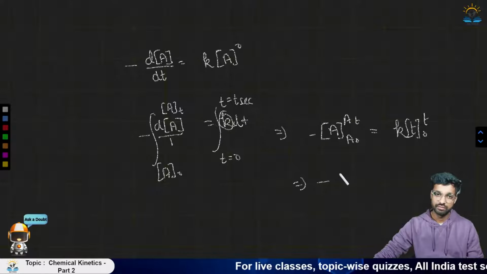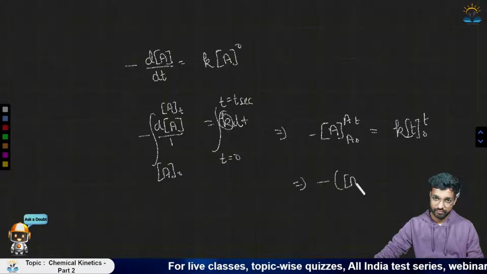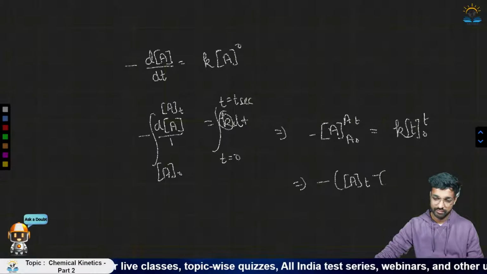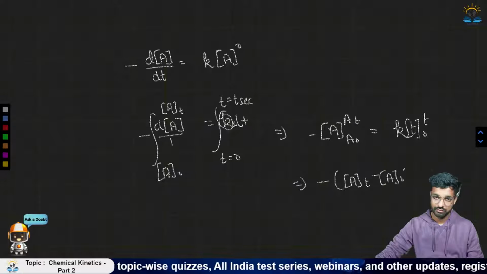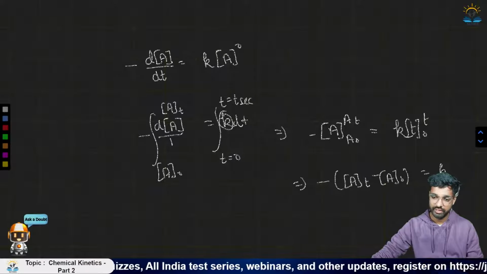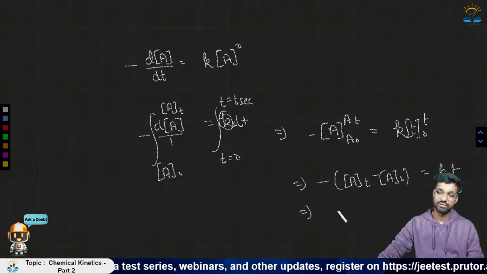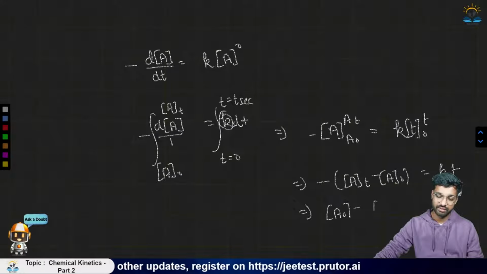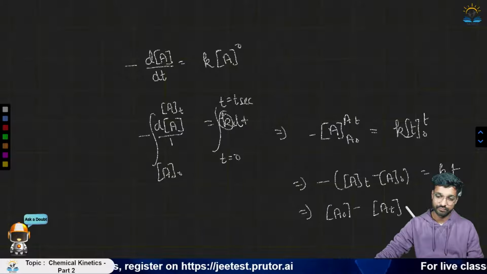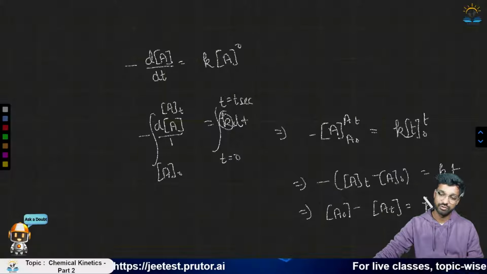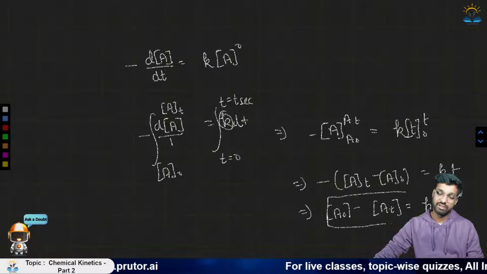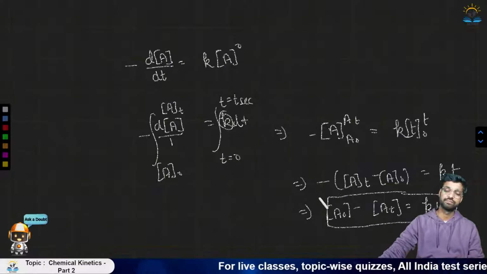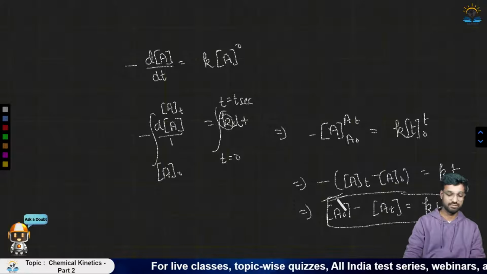This will be minus At minus A naught equals kt. Therefore, this equation can eventually be written as A naught minus At equals kt. So this is the final equation we have for the zero order reaction.